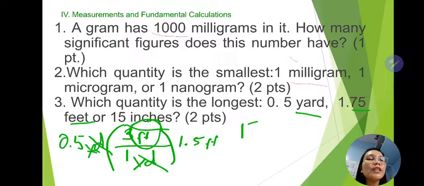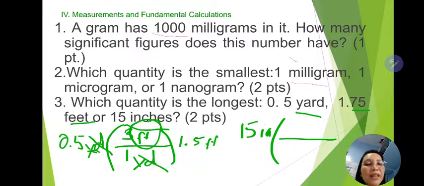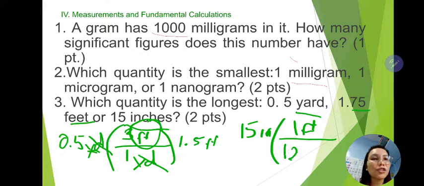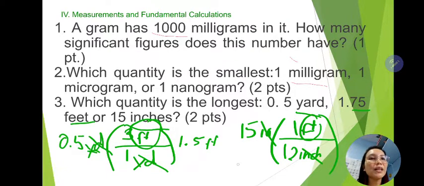And then, now yung 15 inches, convert natin siya sa feet din. So, 1 inch or 1 foot, so the conversion factor that we will use is 1 foot is equal to 12 inches. So, para mag-cancel out yung inch natin, foot matitira.